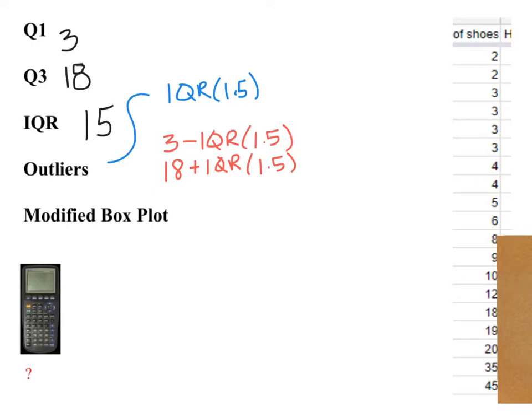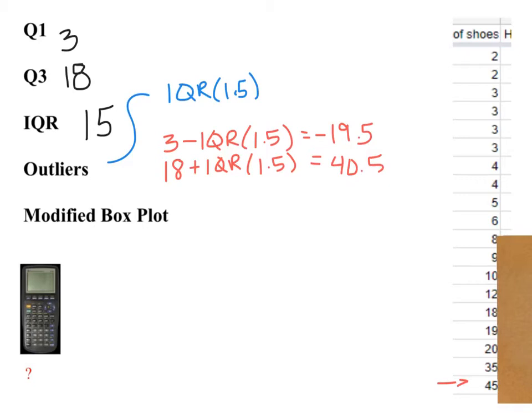So 3 minus 22.5 is negative 19.5. We don't have anything down there. But 18 plus 22.5 is 40.5. So you can see we do have an outlier. 45 pairs of shoes is an outlier.